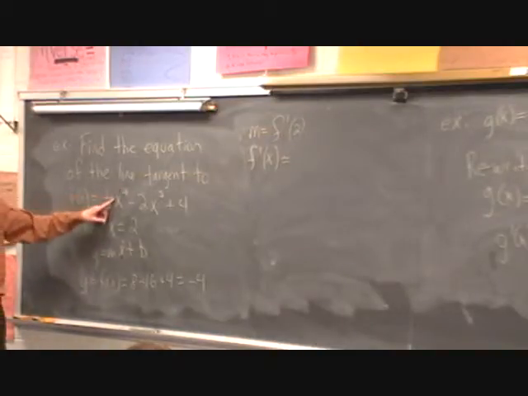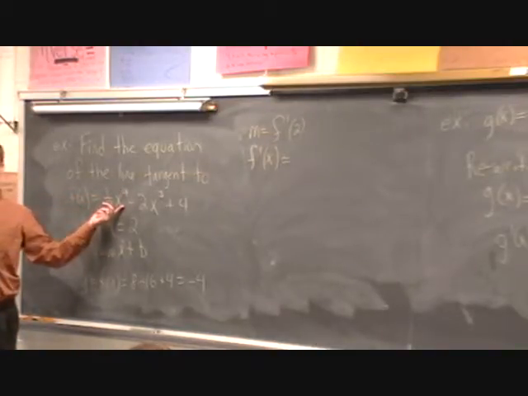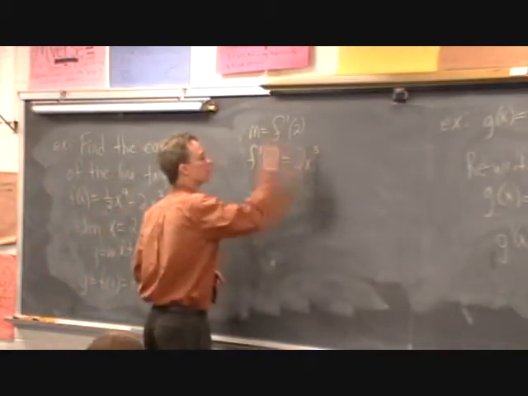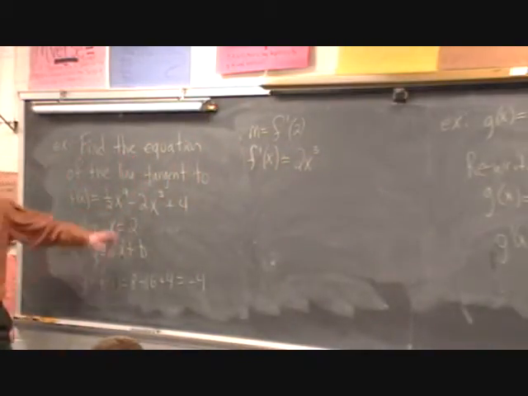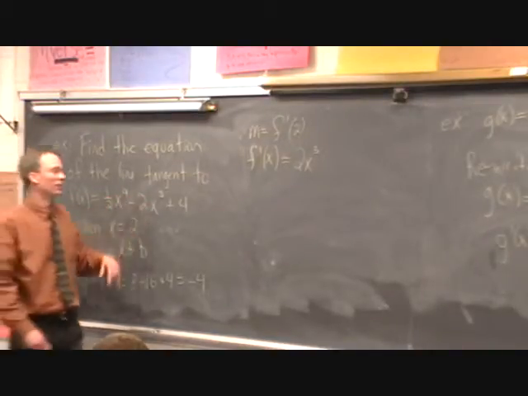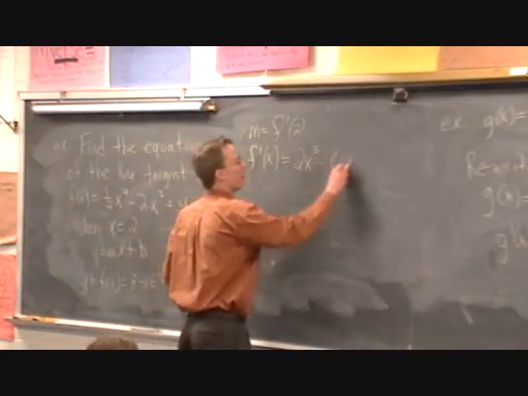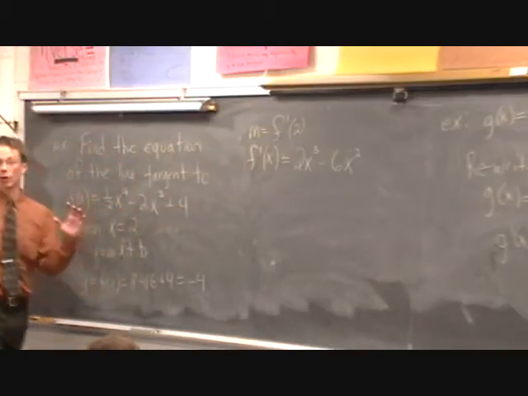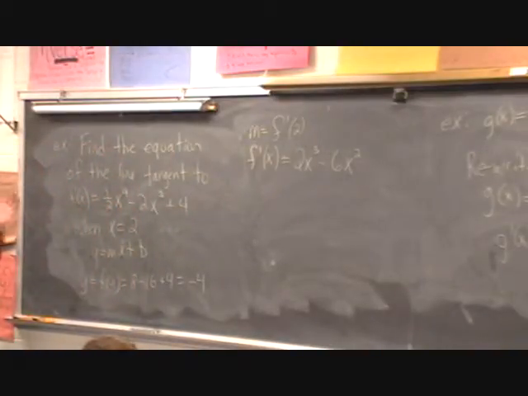For f prime, if you bring down the 4, your first term becomes 2x cubed. Bring it down, then drop. Minus 6x squared. And the plus 4 becomes a plus 0, so I'm not even going to bother differentiating the constant term.